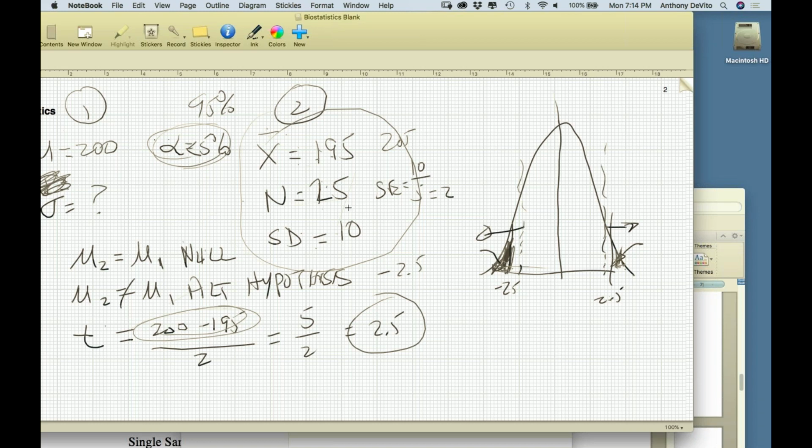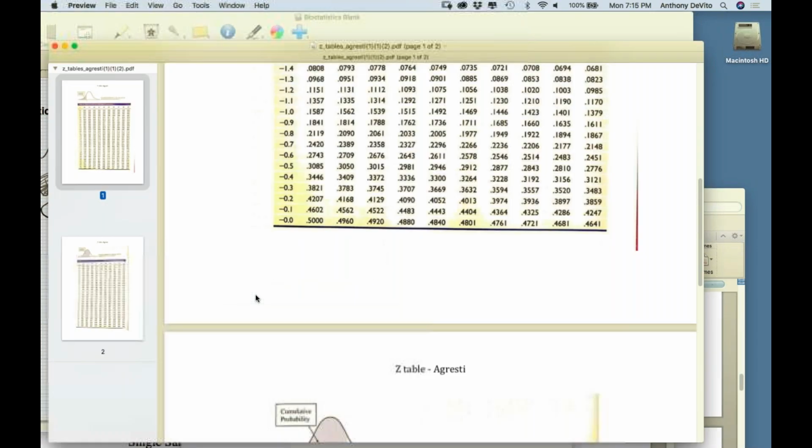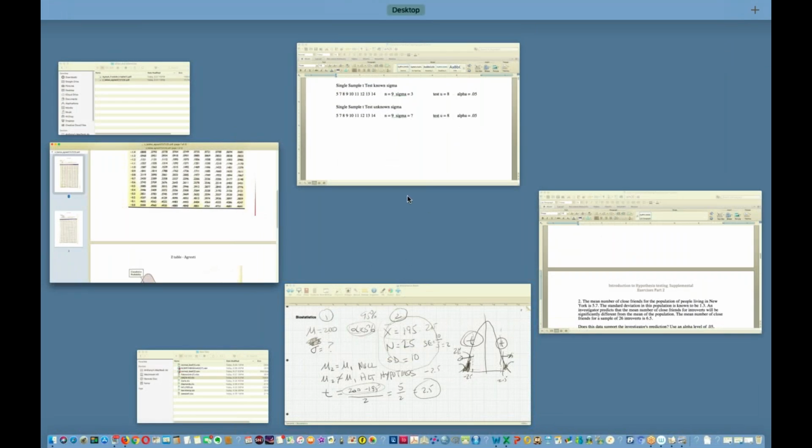I can find a value of t such that if I exceed it, there's less than 2.5% chance at the low end and 2.5% at the high end. So less than 5% chance that this sample came from the same population distribution as this known mean, that these two populations have the same mean. So what does that t-value have to be? That's my t-table.